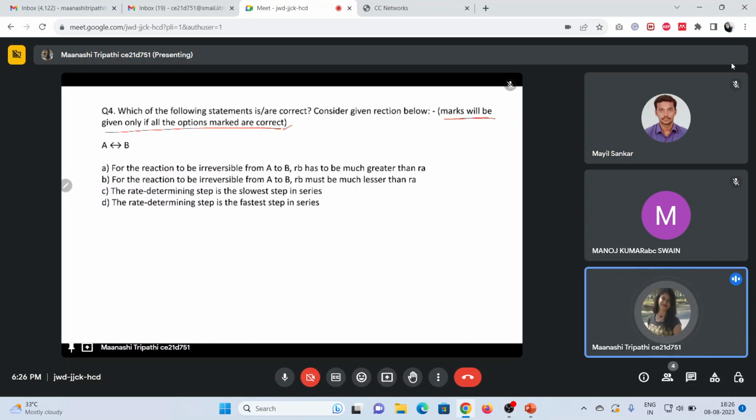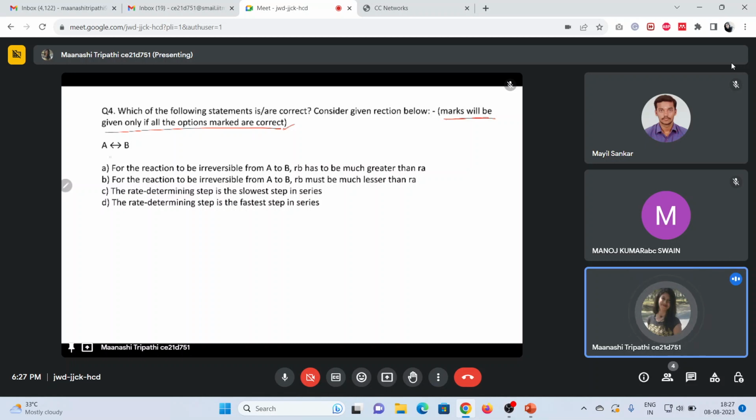This is the way it will be done in the examination also. If two options are correct and you choose one option only, then you won't get any marks. In a theoretical question, you have to be very precise in all of your options. Then only it will be clear that your concepts are fine.